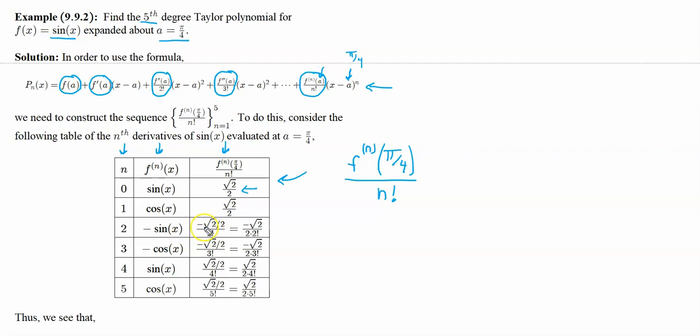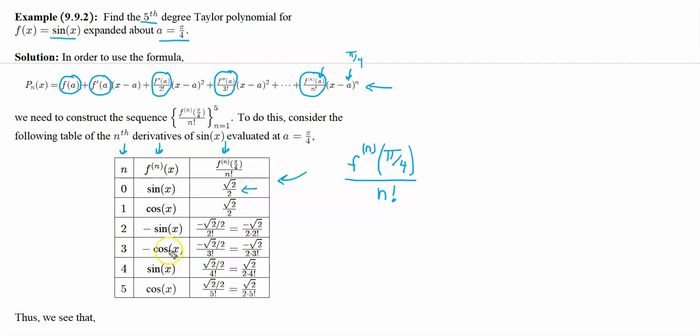Now that's going to be negative root 2 over 2. And then we divide by n factorial, which is 2 factorial. Simplifying that, we get negative root 2 divided by 2 times 2 factorial. So that is our third coefficient, or our coefficient when n is 2.